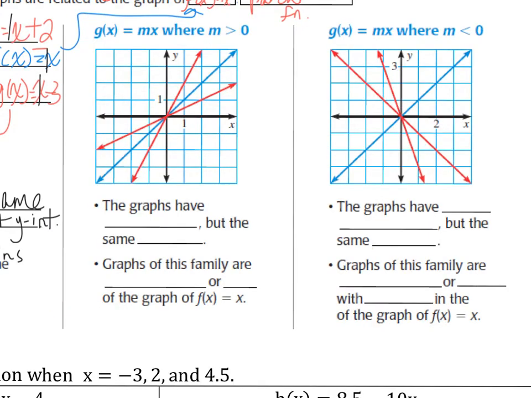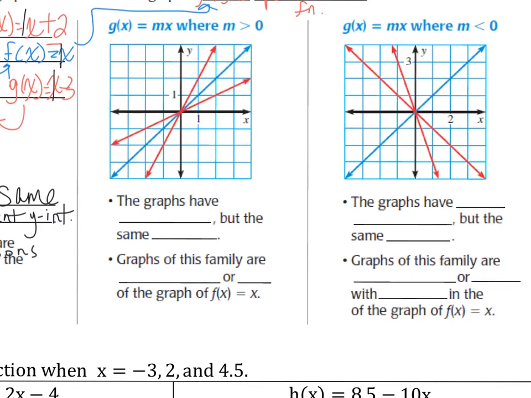Then when you have the case of g of x equals mx, where m is positive, meaning the slope is positive, let's first label the graphs. For this blue one here, we can again let that be the parent function f of x, which equals x.